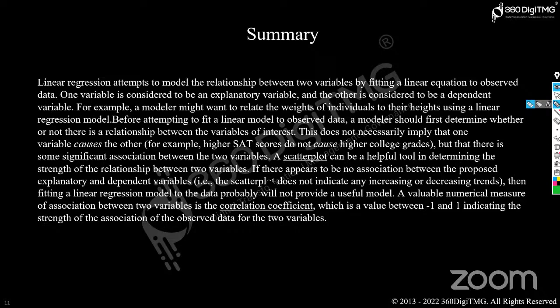Clear that thing in your mind, hammer that thing. A valuable numerical measure of association between two variables is your correlation coefficient, which is a value between -1 and 1 indicating the strength of the association of the observed data for your two variables. This is how we can summarize linear regression.